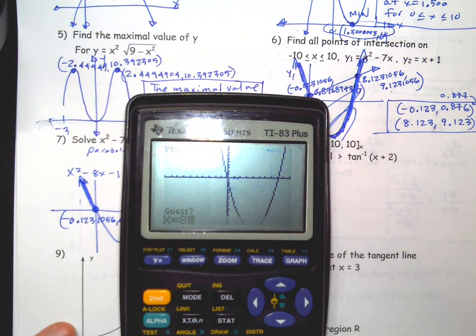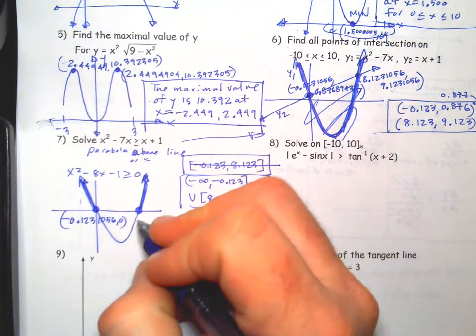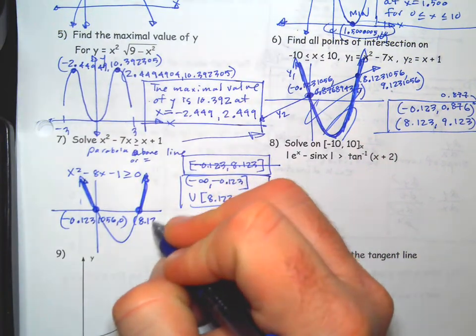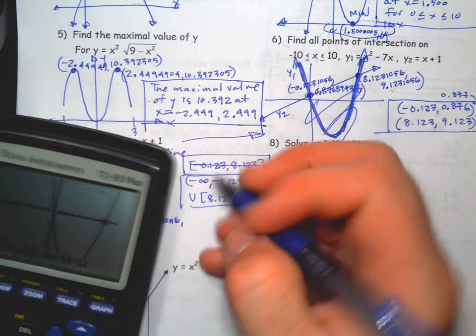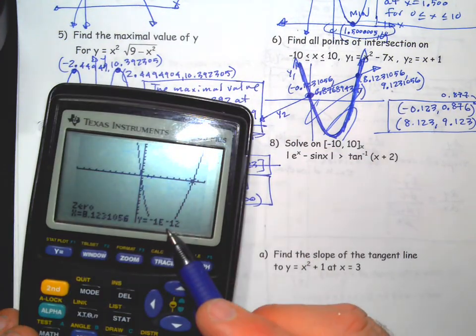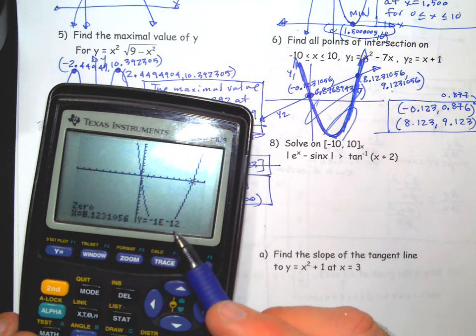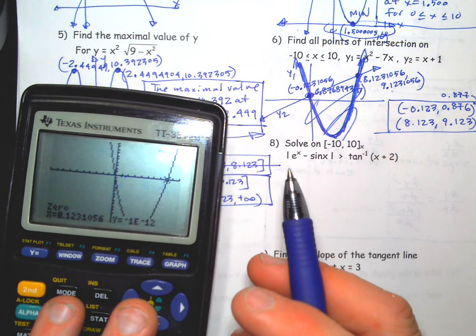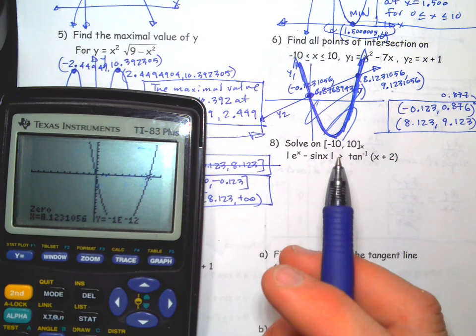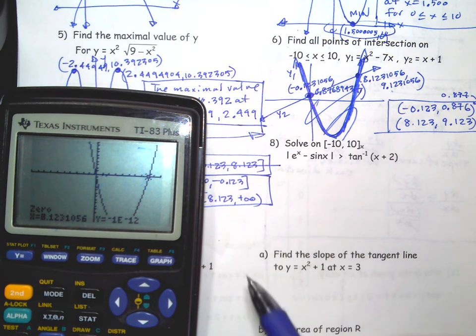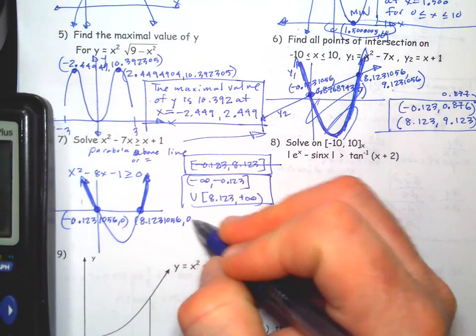Guess 8. And it is 8.1231056. And notice it didn't quite give you 0, it gave you -1 E -12. That's scientific notation. It's like 11 zeros before the first decimal number. Anyways, essentially 0.